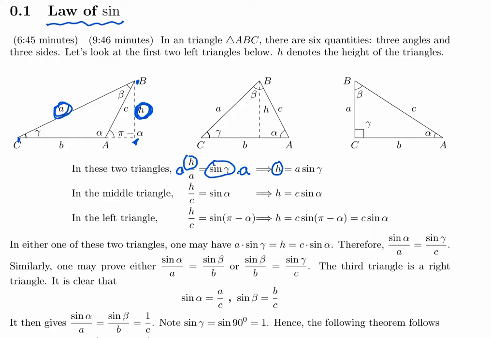So you then have A times sine gamma. That's in the first triangle.